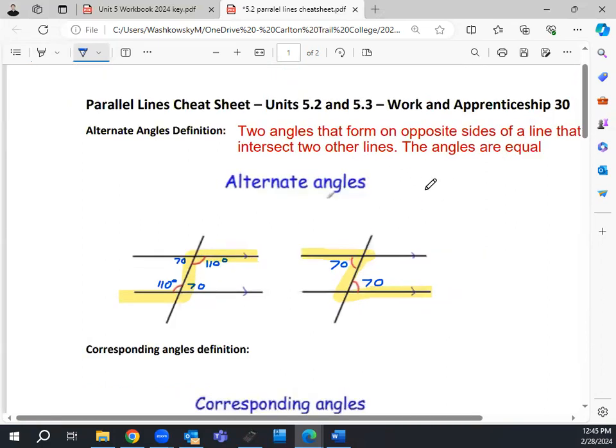So again, how do you know you have an alternate angle? You have a giant Z. If you can find a Z, you're good to go. And it can be forwards, backwards, up, down, either's fine.